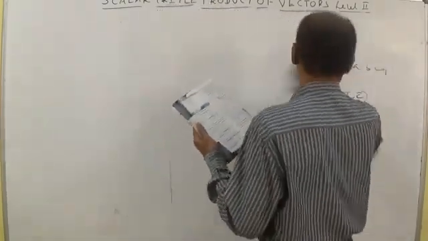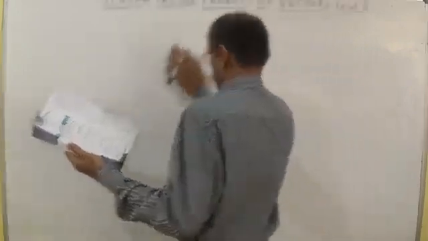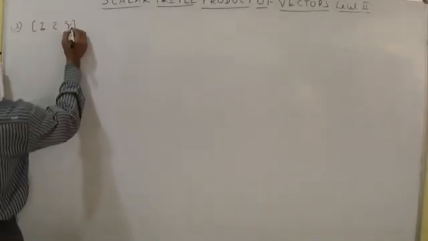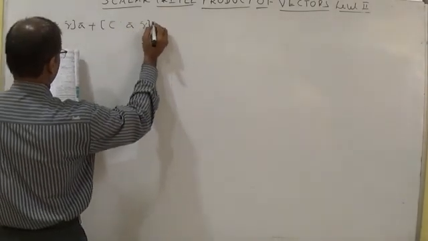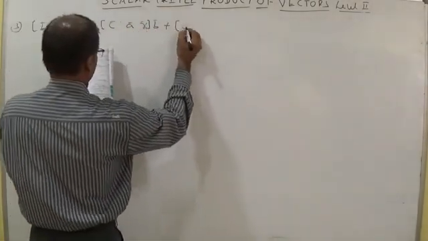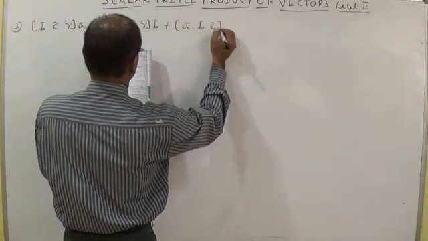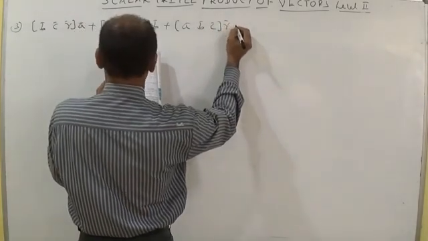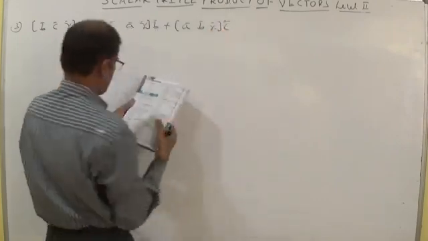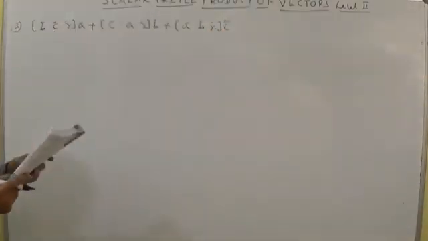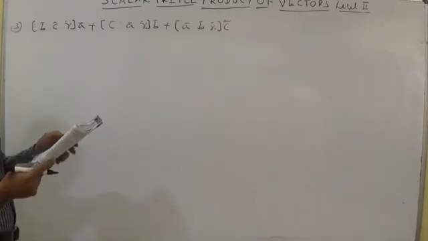Then box BCR into A bar plus box CAR into B bar plus box ABR into C bar, what is the value?